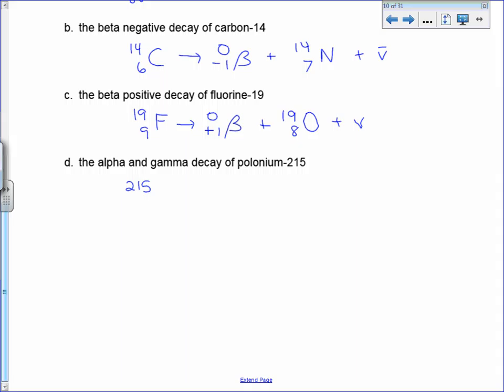So 215 on polonium, which is 84. Alpha decay and gamma decay, and we end up with 211, 82, and 82 is lead. And that's that.